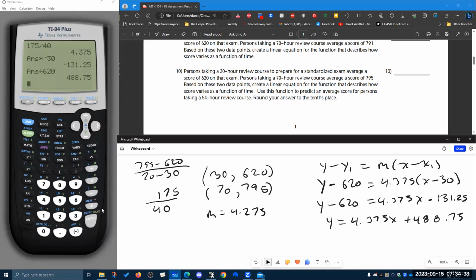So now the question is, if this is our f of x, which we might want to call S for score or something like that, but we were asked now to find what happens when someone studies 54 hours.